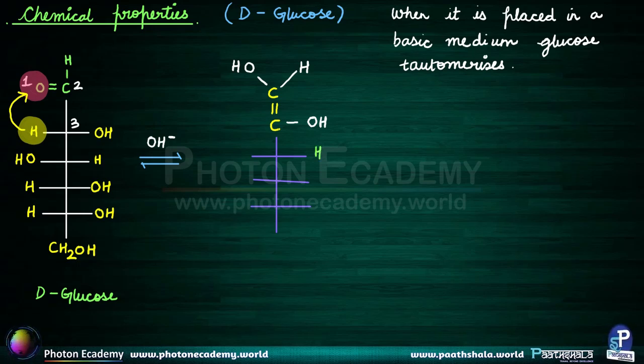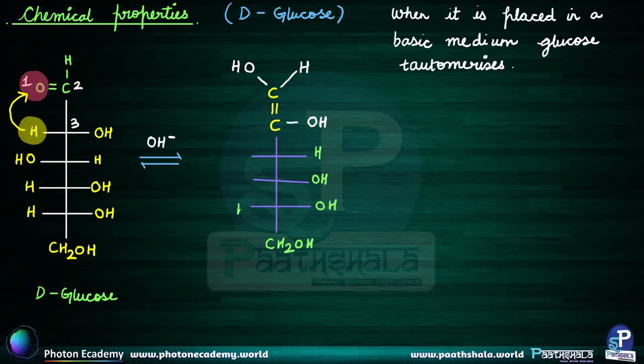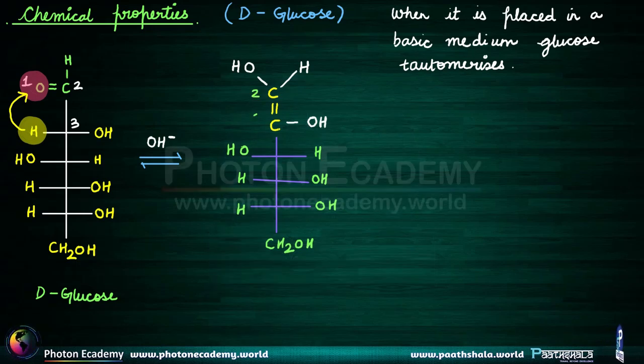So H, OH, OH, and we have a CH2OH, H, H, and OH. So now we have tautomerized the structure, and the double bond that was between the first and the second is now between the second and the third. The double bond is shifting.